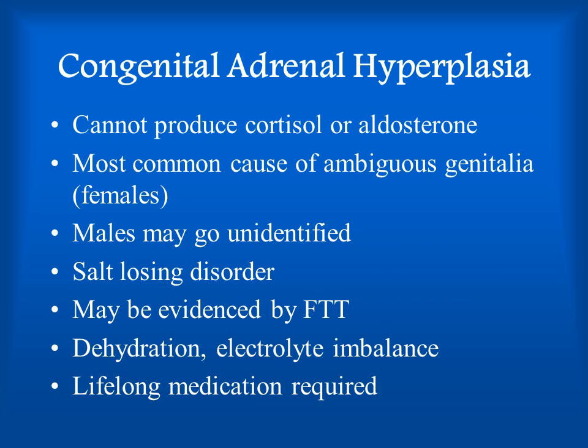With congenital adrenal hyperplasia, they cannot produce cortisol or aldosterone, and males may go unidentified for a long period of time. It is a salt-losing disorder, and you may notice a failure to thrive, again checking those growth curves. You may see dehydration, electrolyte imbalances, checking basal metabolic profile, and lifelong medication is required.